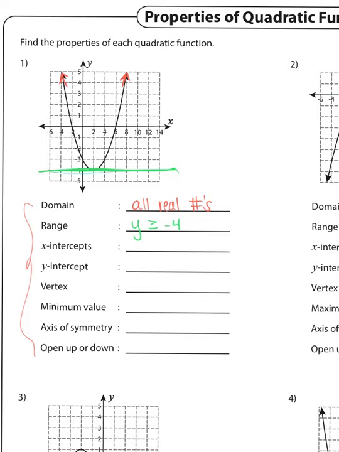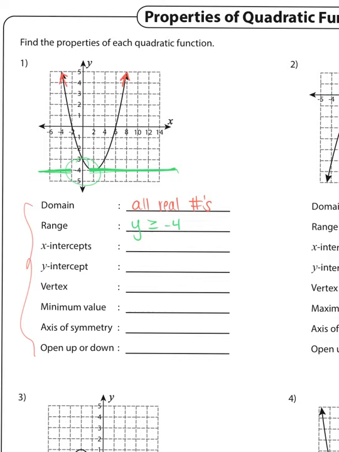You're going to find the minimum or the maximum, the turning point in your graph, and then you're going to write whatever number is here. And remember, your range is always a y value. So it's always going to say y is greater than or equal to, y is less than or equal to, anything like that. Okay?